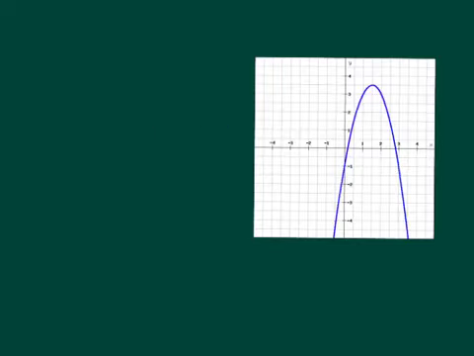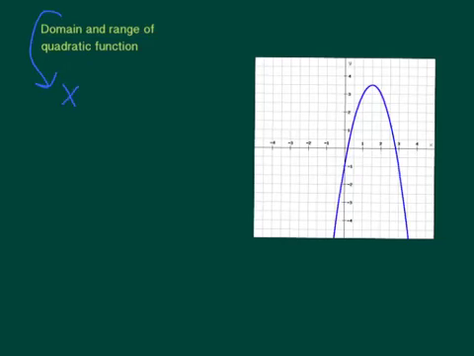Okay, I'd like to talk very quickly about the domain and range of a quadratic function. We've seen this before. Domain is basically all the x's that can be in this function, and the range are all the y's. So let's look at this function over here on the left.